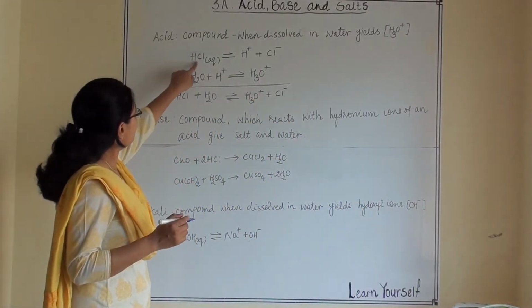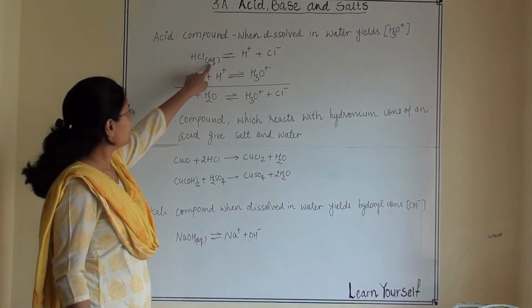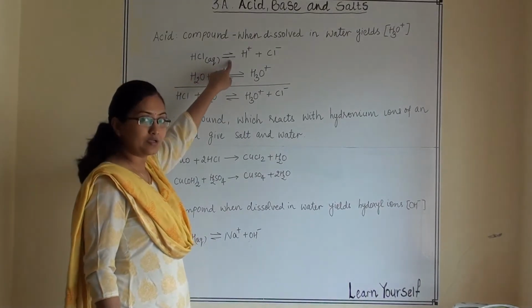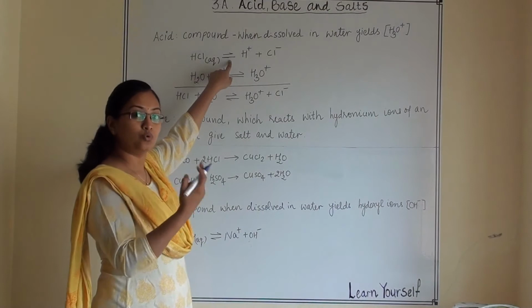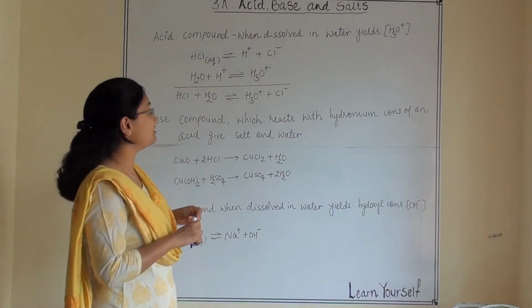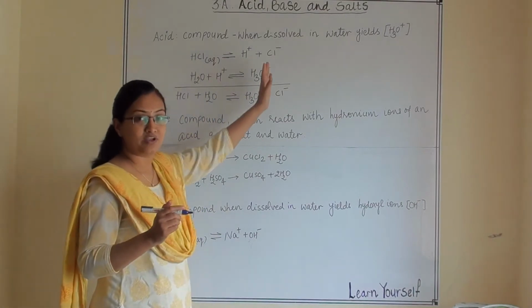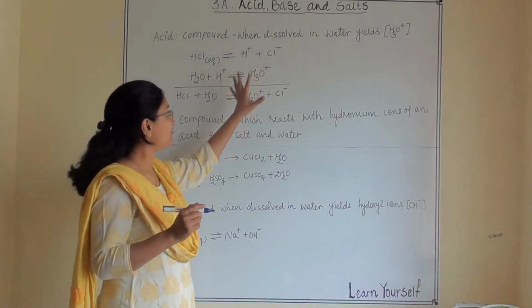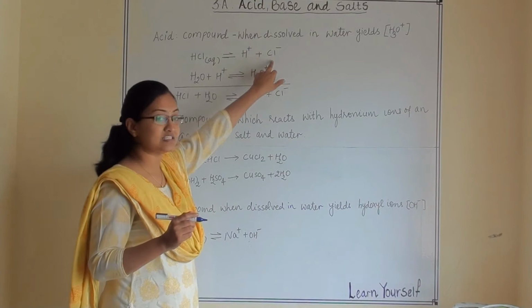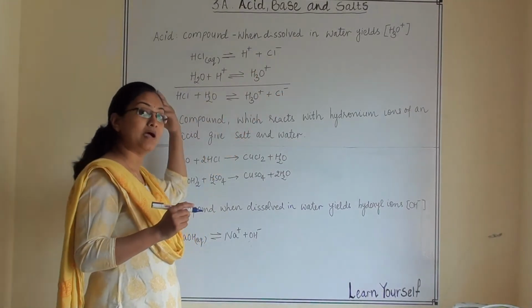So HCl, it's in aqueous phase. It's a reversible reaction. When arrows are in both directions, it shows that this reaction is reversible. From left to right it is possible, and after it gives H+ and Cl-, it might come back also.